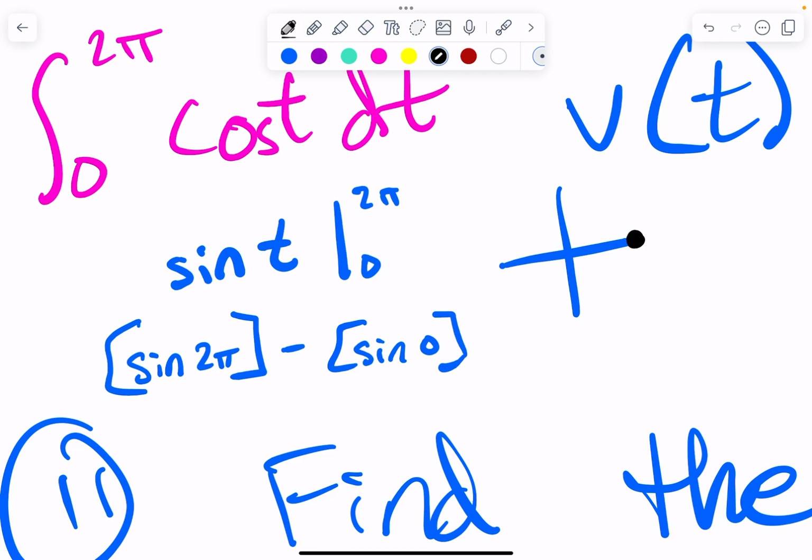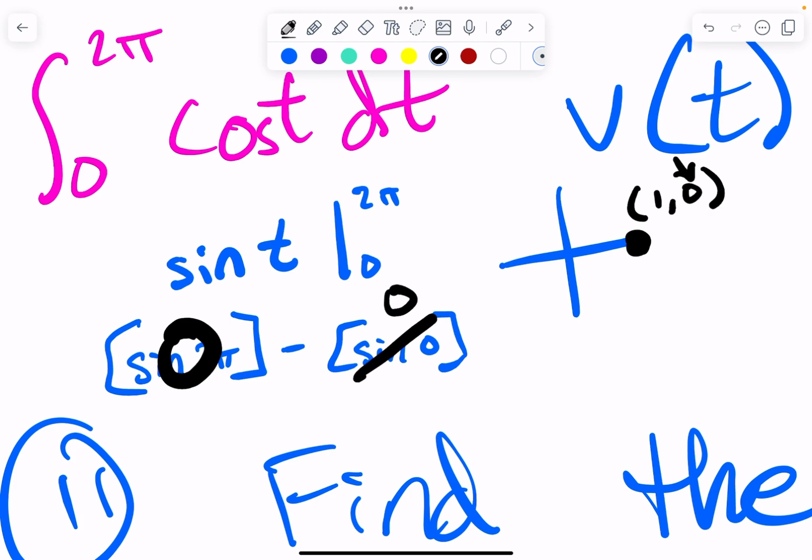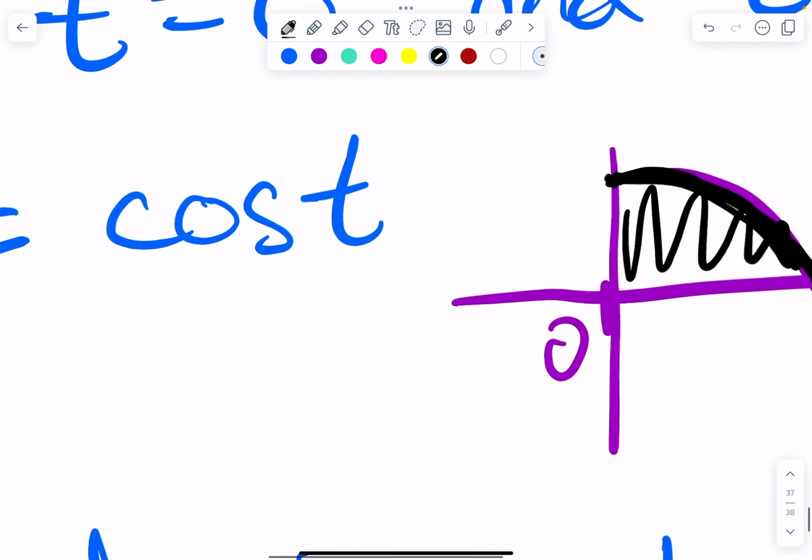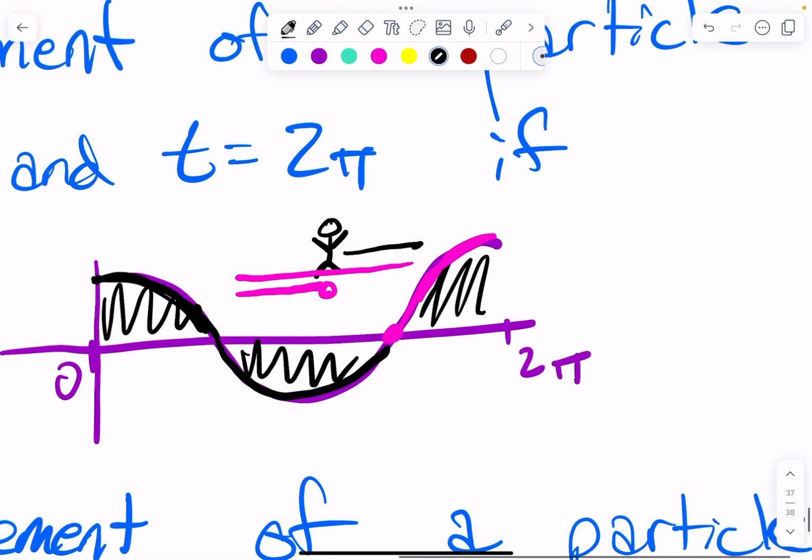Sine is the y-coordinate, so over here at 0 we're at (1, 0), and the sine value is 0. Sine of 0 is in the same spot as 2 pi, so that would also be 0. So 0 minus 0 is 0, just like we said over here. Our displacement is going to be 0.